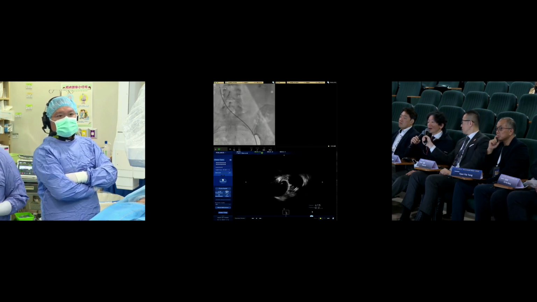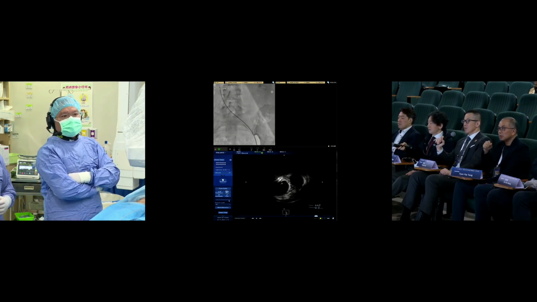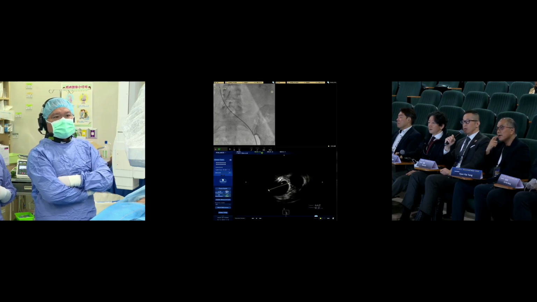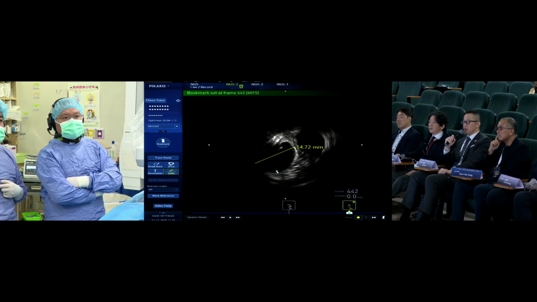Where is the tight stenosis? Could you locate the stenosis over the venography?